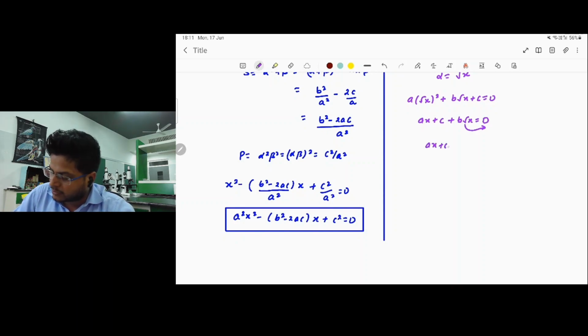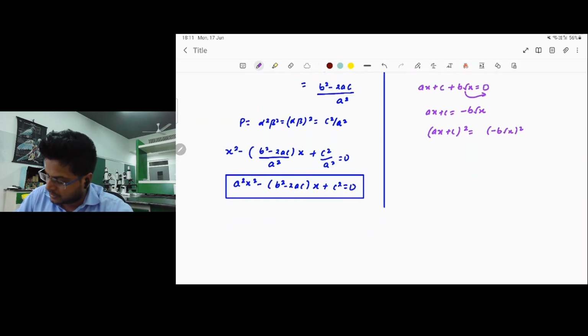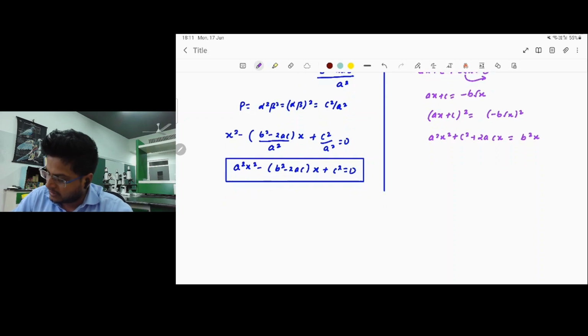So we can write ax plus c equals minus b root x. When you square it, we get (ax plus c) whole square equals (minus b root x) whole square. When you open this, what will you get? a square x square plus c square plus 2acx equals b square x. When you bring it to the left hand side, you get a square x square minus b square x plus 2acx plus c square equals 0.